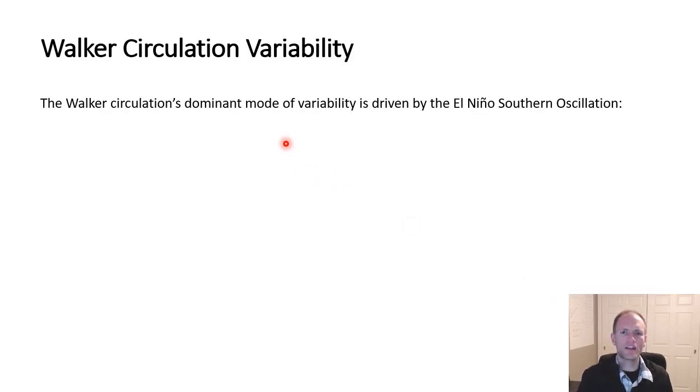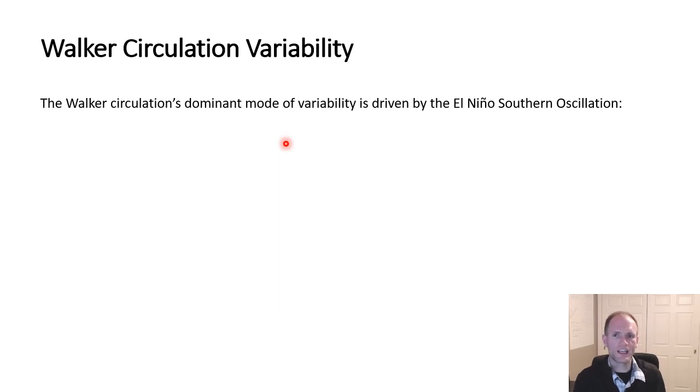So that's all fine and good, but what about variability in that structure? If we think about this in a climatological mean sense, we'd always expect it to be relatively warm in the western portion of the basin and relatively cool in the eastern portion of the basin, whether that be the Pacific Ocean or otherwise.